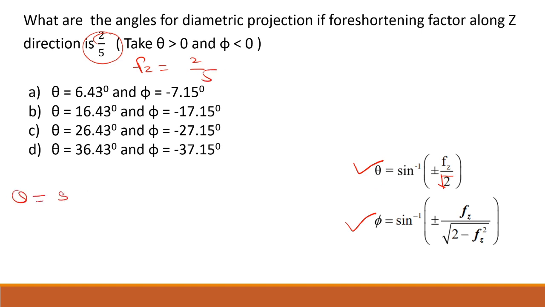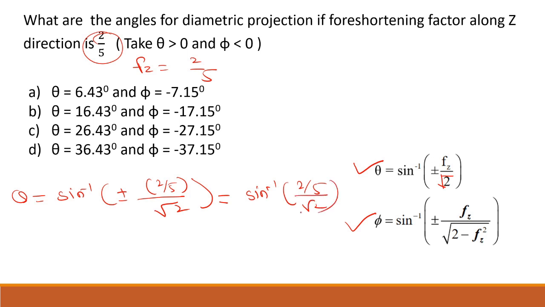So theta is equal to sine inverse of plus or minus fz upon root 2, where fz is 2/5. Since we want theta positive, I will take the positive value, so that is sine inverse of 2/5 upon root 2.